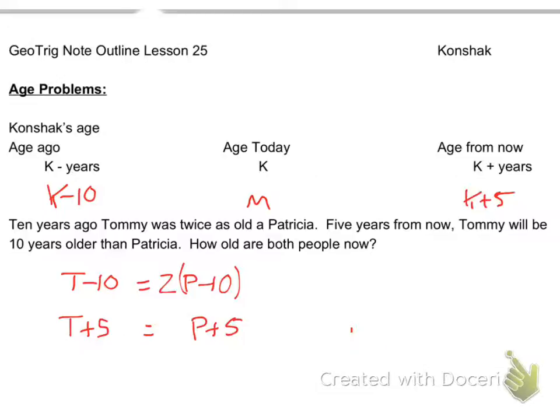So that means if I'm going to be 10 years older than something, I need to know that something is, and then I can add 10. What's the something that he's older than? Patricia. And Patricia then, or at that point, is P plus 5. So I'm going to take her age and add 10 years to it, and that will be Tom's age 5 years from now.